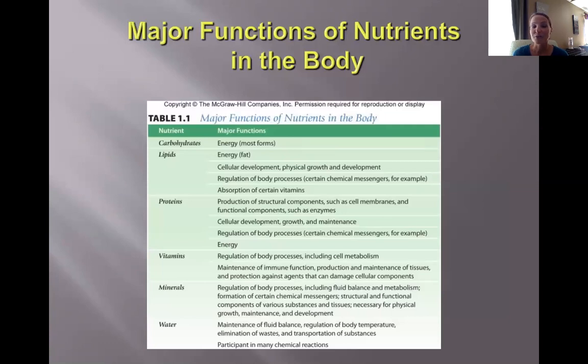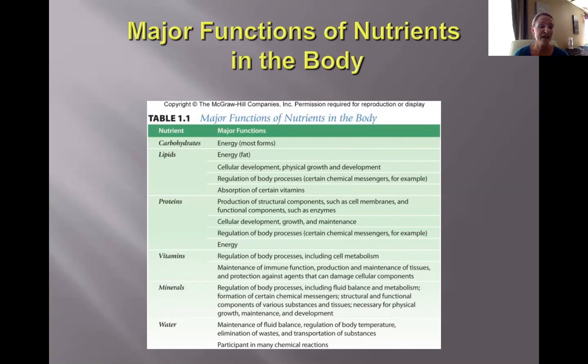All right, so here are the major functions of nutrients in the body. I've touched on them for a second, so I'll just go back through them real quickly. Carbohydrates are for energy. Lipids provide us with energy, but they also have other jobs too. They help with cell development, growth, regulation of body processes, like some hormones, absorption of certain vitamins.